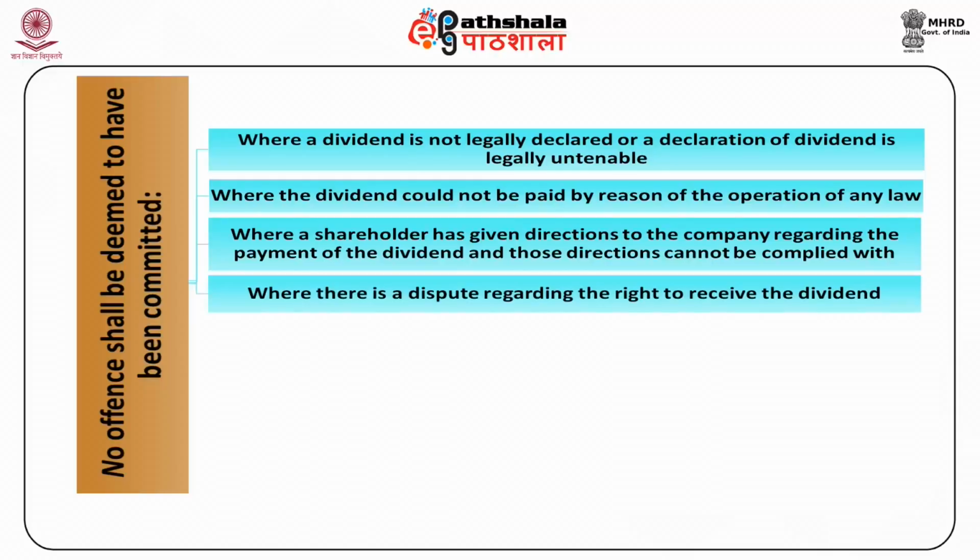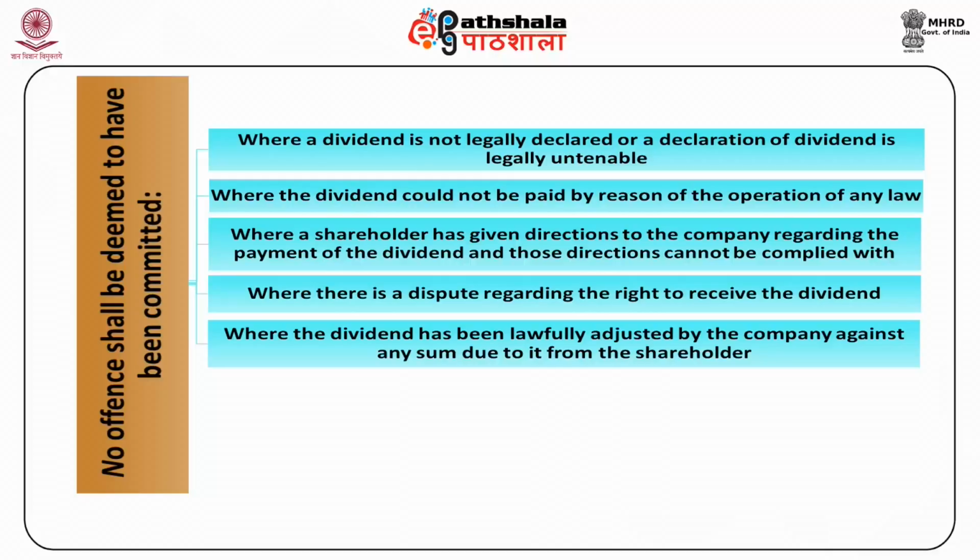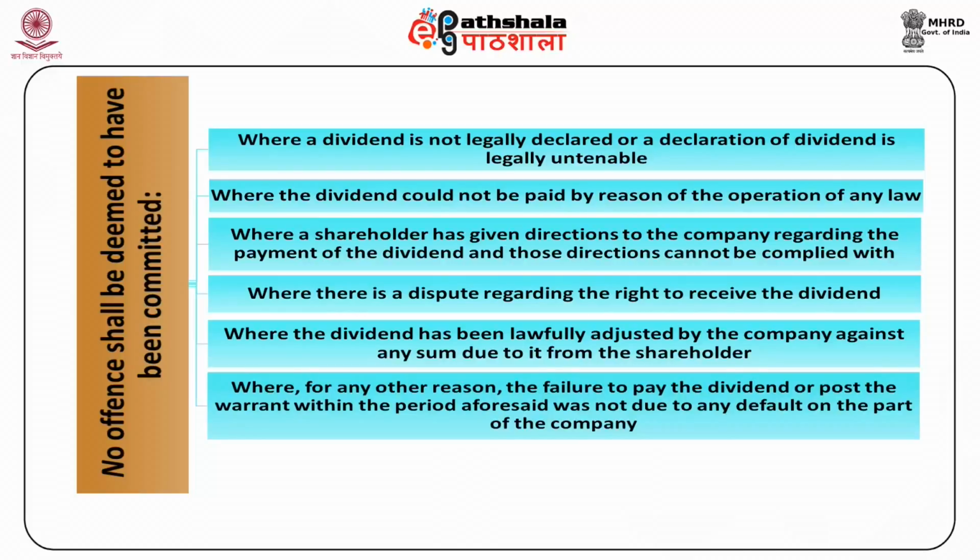Fourth, where there is a dispute regarding the right to receive the dividend. Fifth, where the dividend has been lawfully adjusted by the company against any sum due to it from the shareholder, or sixth, where for any other reason the failure to pay the dividend or post the warrant within the period aforesaid was not due to any default on the part of the company.